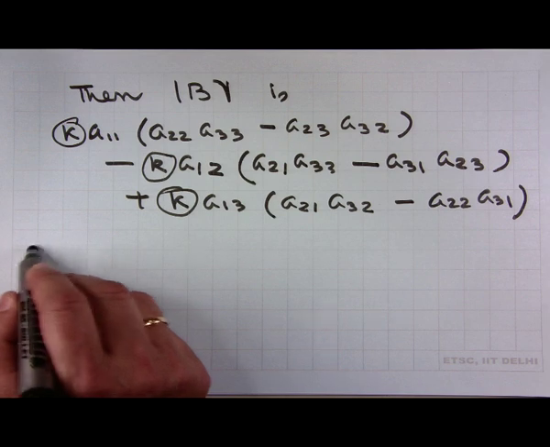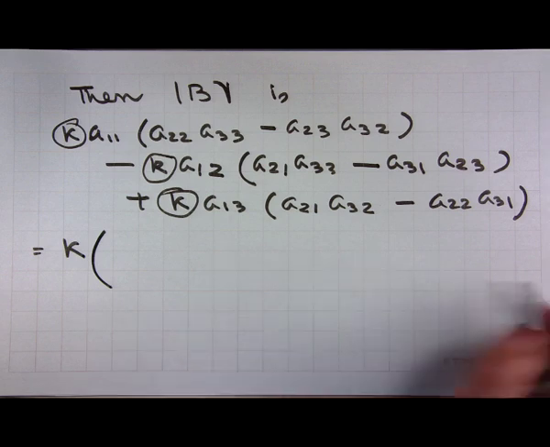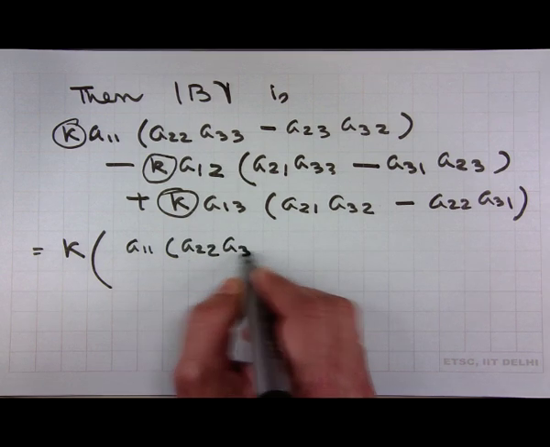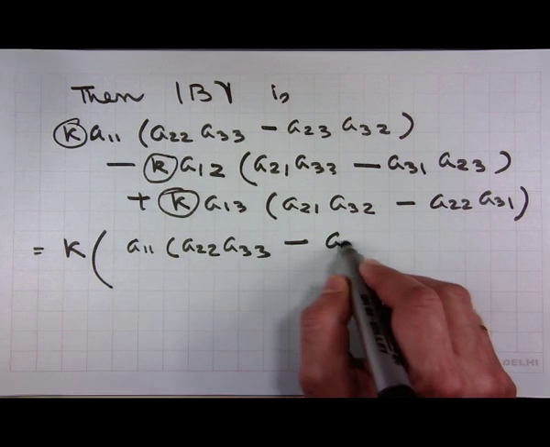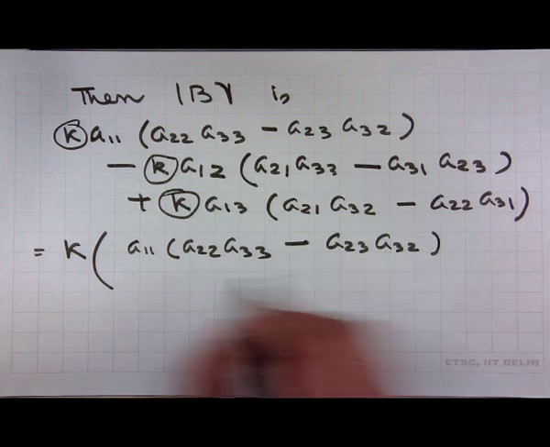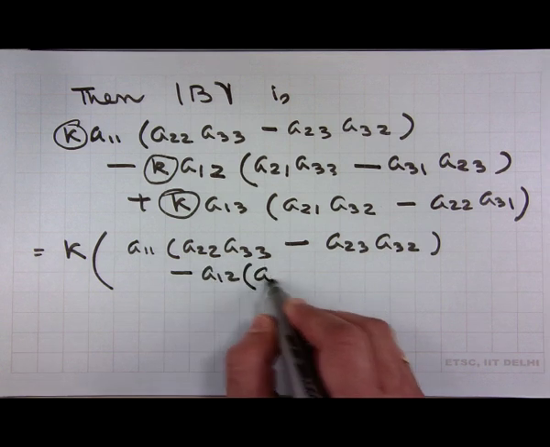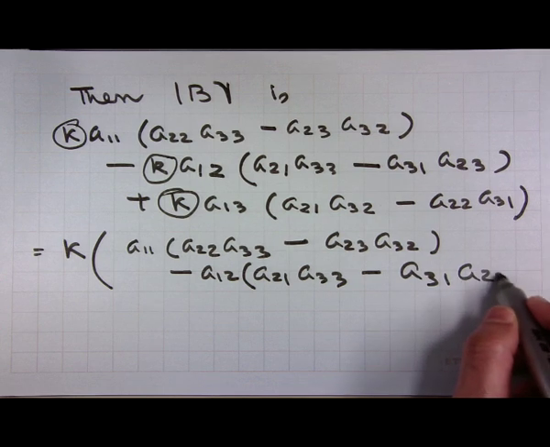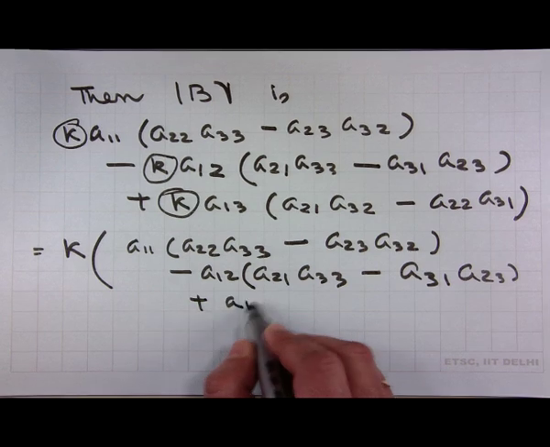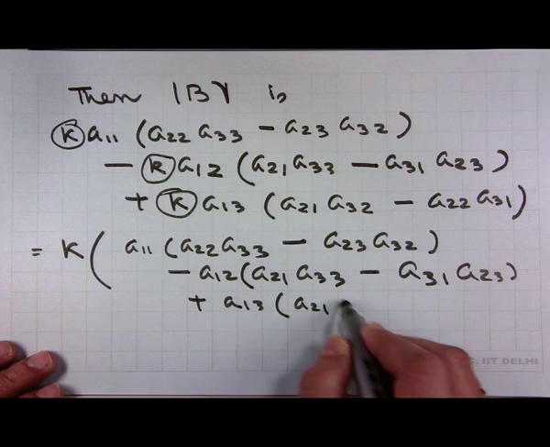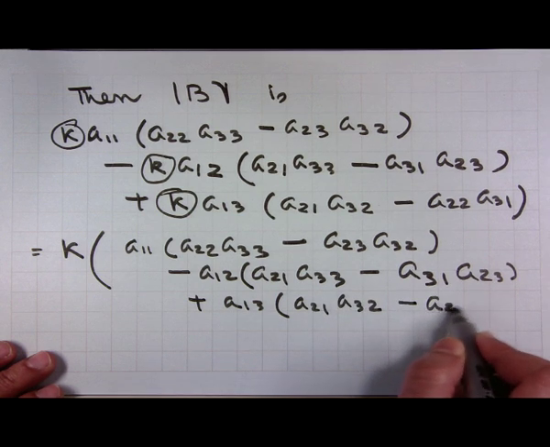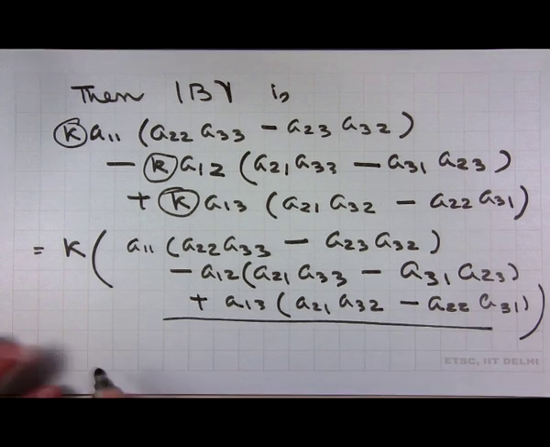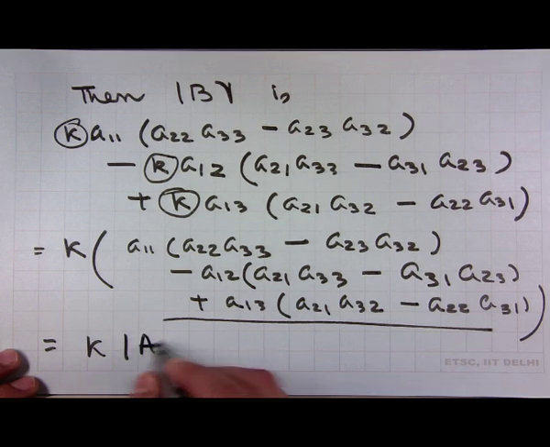So, if I take k to be common, then what I get is basically a11 into a22 a33 minus a23 a32, minus a12 into a21 a33 minus a31 a23, plus a13 into a21 a32 minus a22 a31, and this is nothing but the determinant of A. Therefore, this is k times determinant of A.